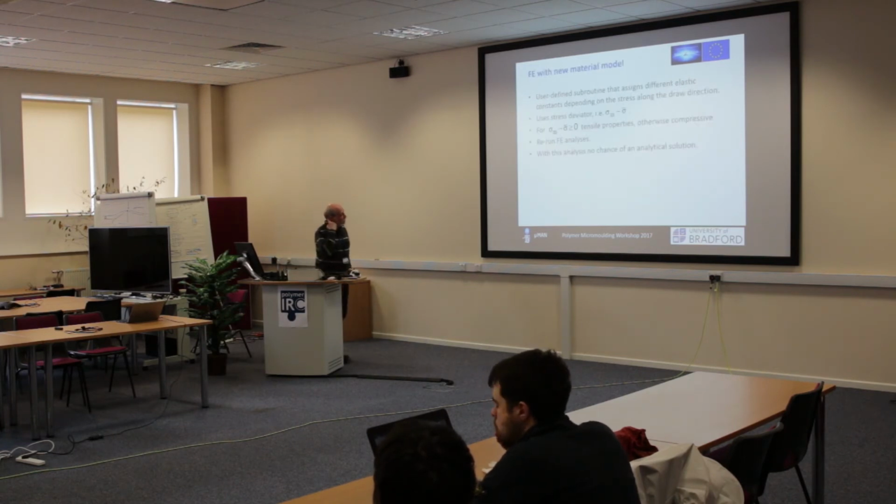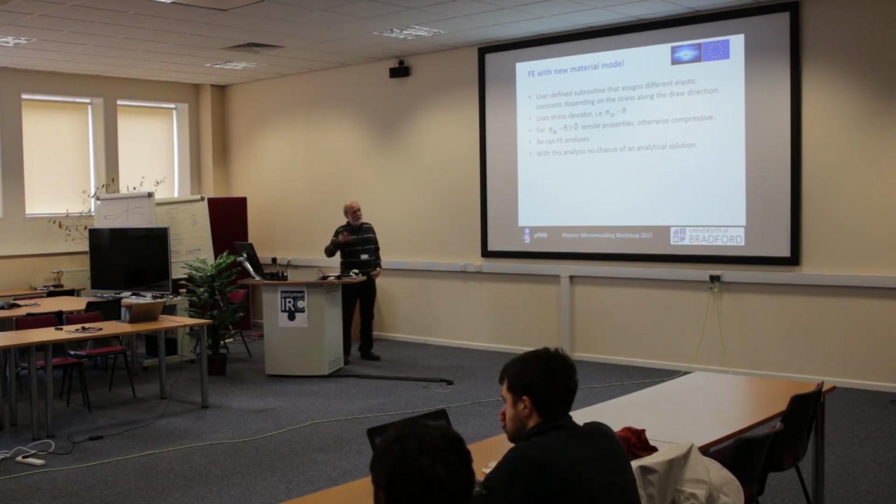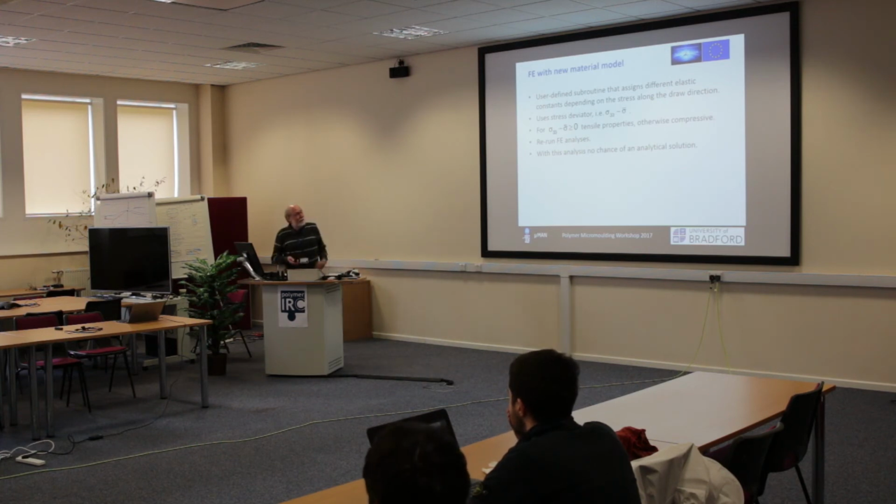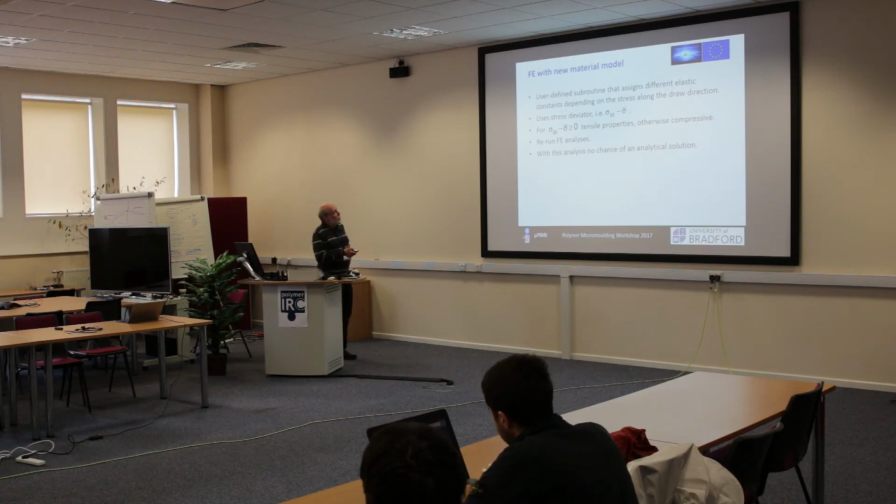We can do the same analyses with a different material law. So what I've done is written a material subroutine to go into the Abaqus program, in which we simply use a different set of elastic constants depending on whether the stress along the orientation axis is positive or negative. I'm using the deviatoric stress because that's the one that's going to control it.